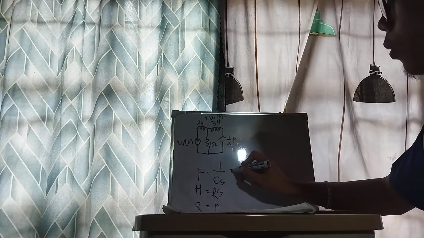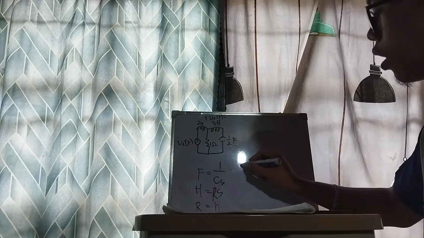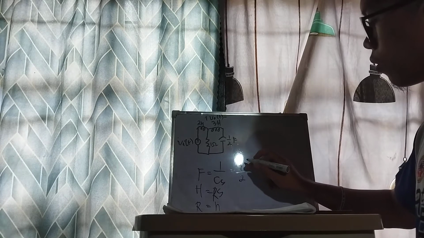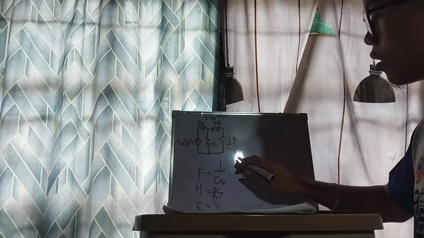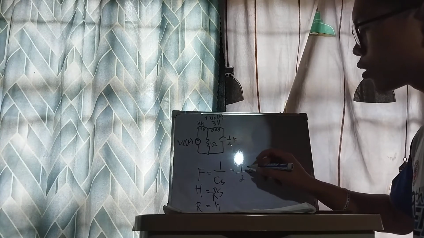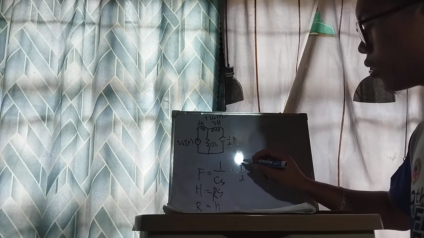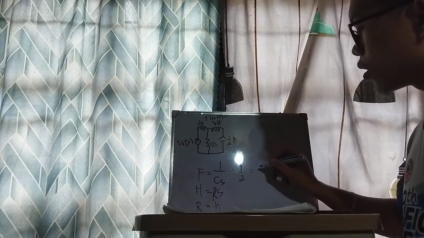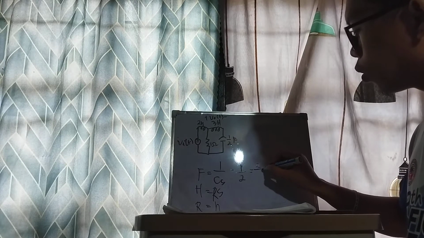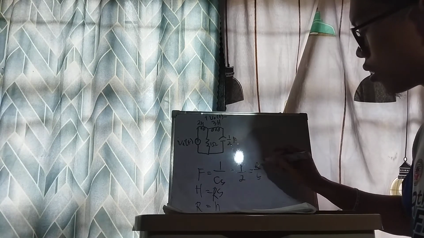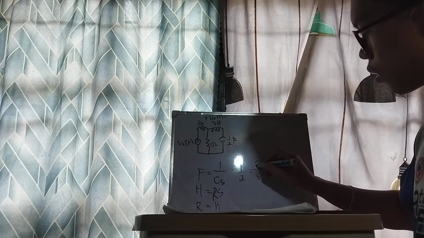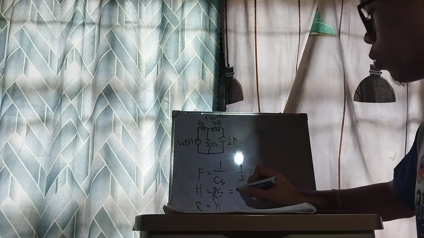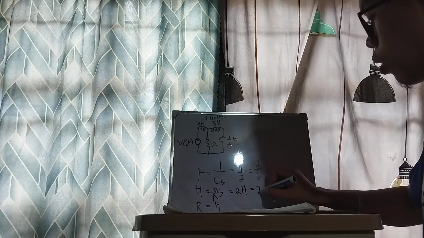Let's see. We have here 2H and 1/2 F. If we express this in the transfer function, it will now be 1 over 1/2 S, which is equal to 2 over S. For the 2H, it will become 2S.